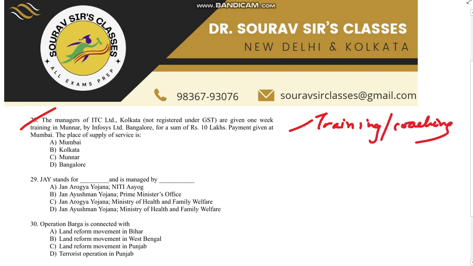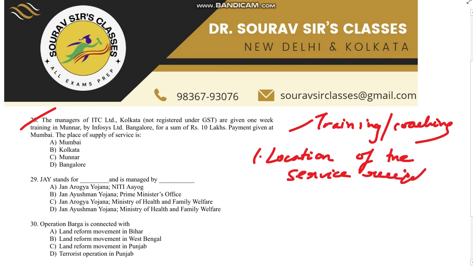According to the provisions, first it is the location of the service recipient. If the recipient of the service is a business, like here ITC Limited, the place of supply of the service for training or coaching will generally be the location of the recipient.